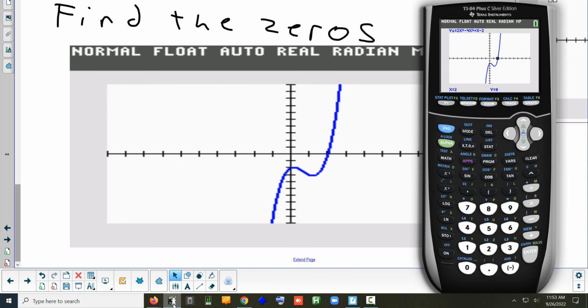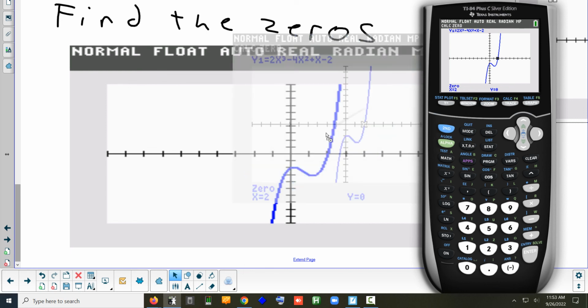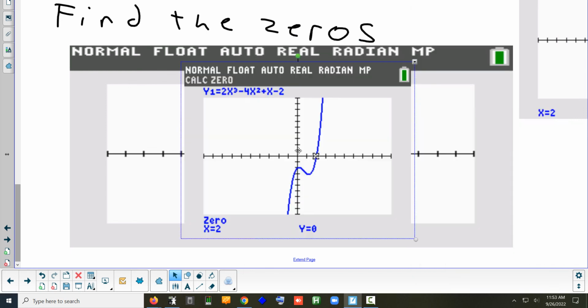So how would we calculate where that root is if we had to? You would go to second calc and then zero. Yep. And then we pick a point, left, right, and guess, and we can see that that does confirm that the root is at 2.